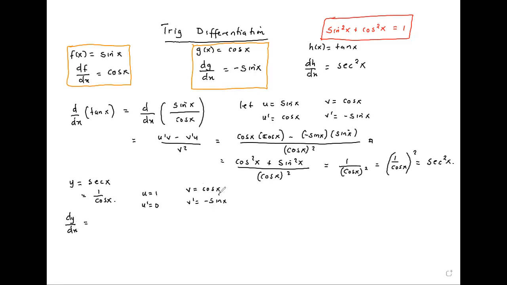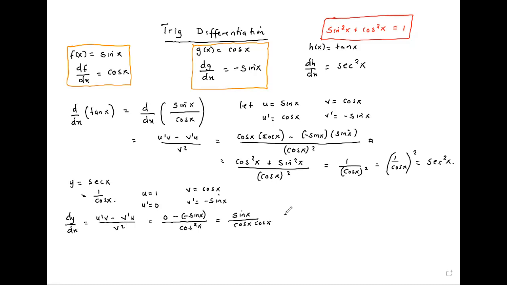So u prime v is 0, minus v prime u, that is sin x multiplied by 1, over v squared, that is cos squared x. This is sine x over cos x multiplied by cos x.